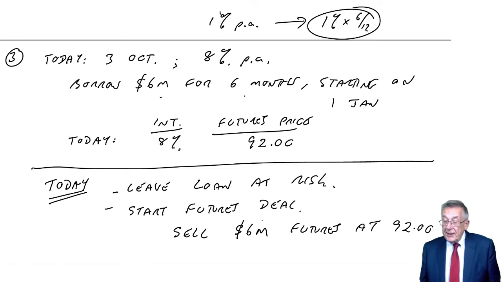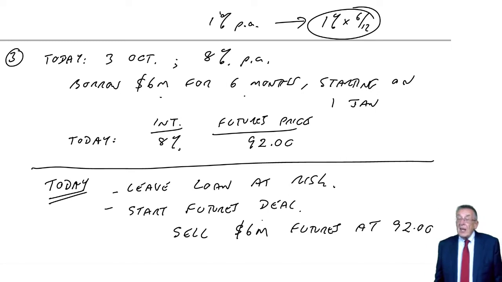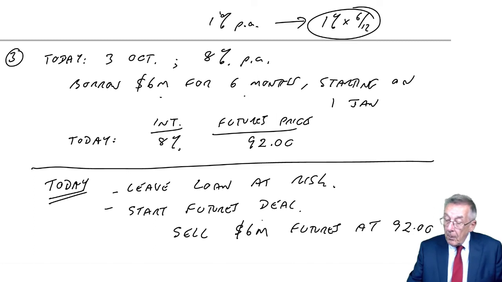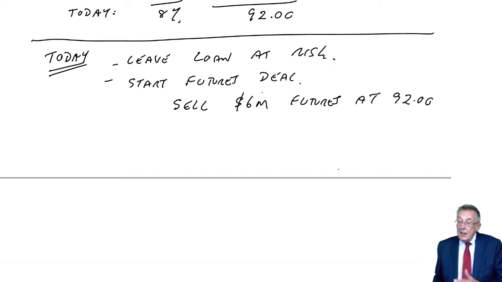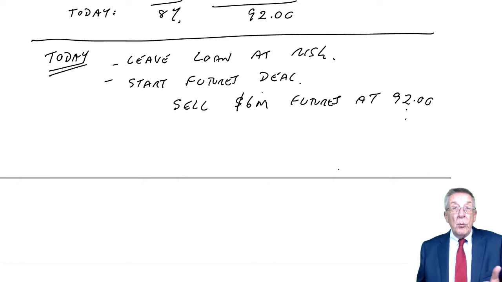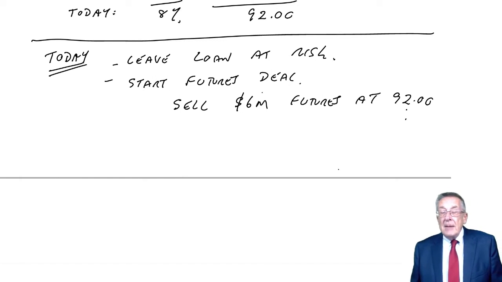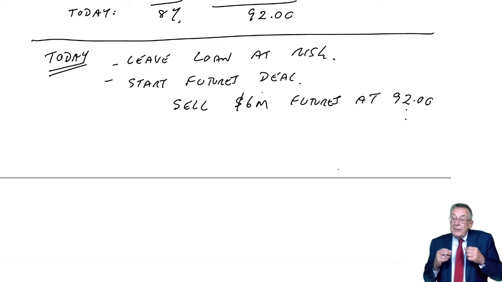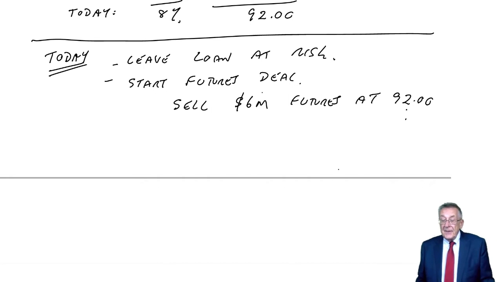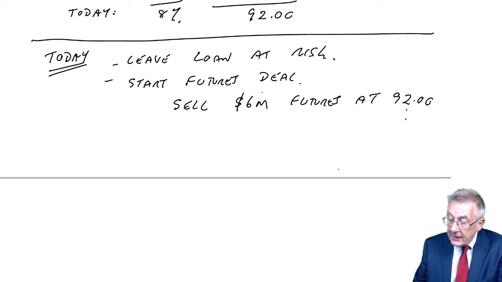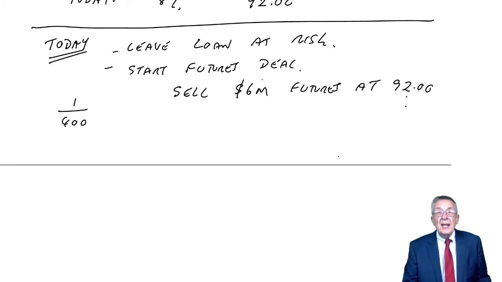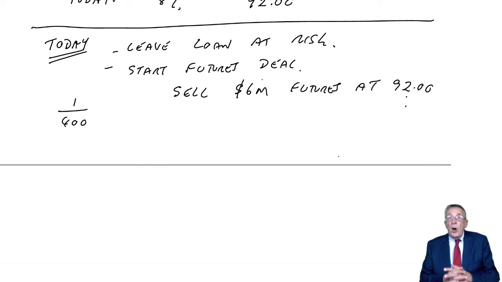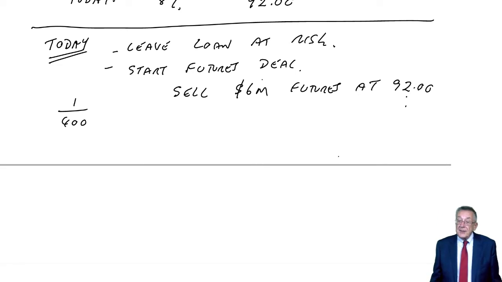But the problem we've got with these futures is I told you a few minutes ago that if the interest rate goes up by 1%, the futures price would go down by 1. But when we calculate the profit on futures, it's always the difference. If it goes down by 1, the difference is 1, divided by 400. We do it as a percent, but it's always calculated for 3 months. They're 3-month futures, always.